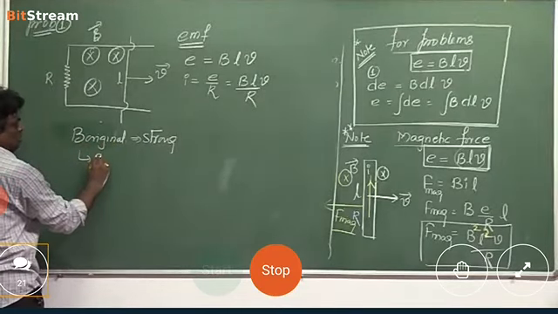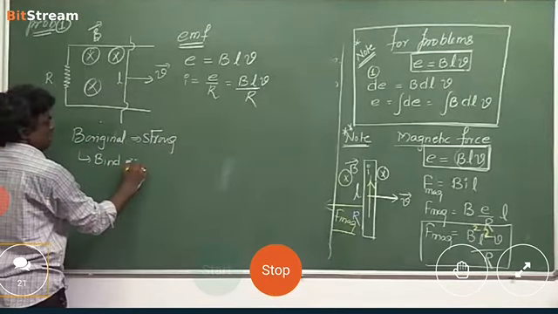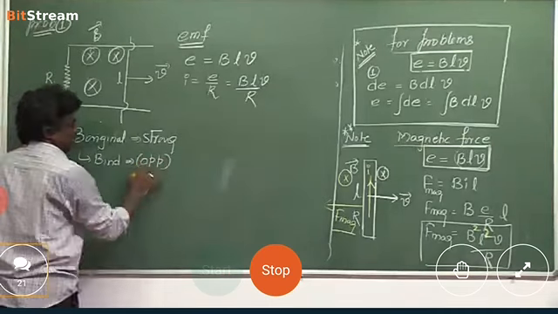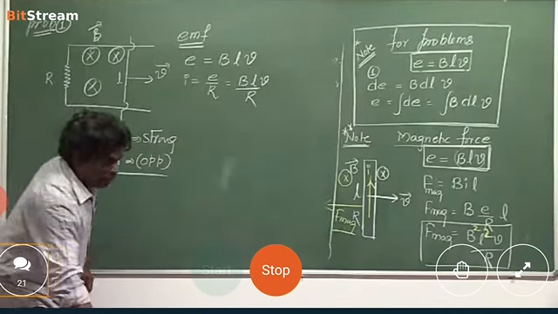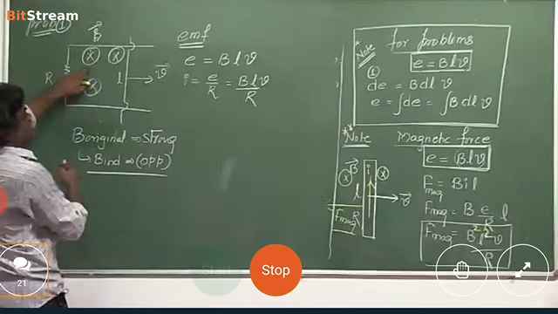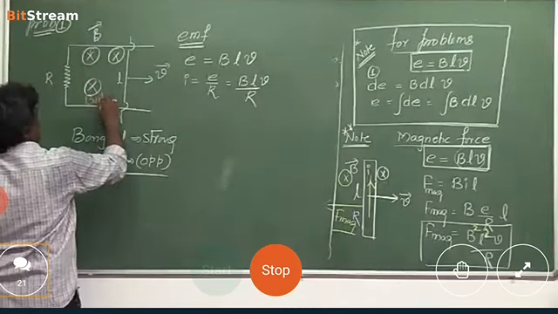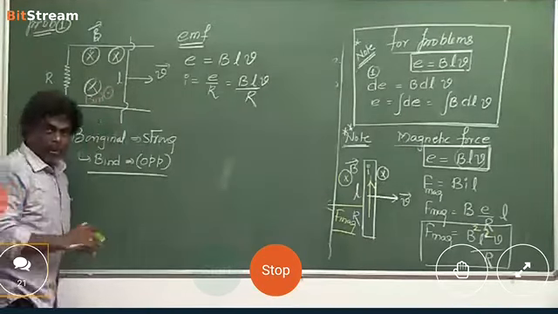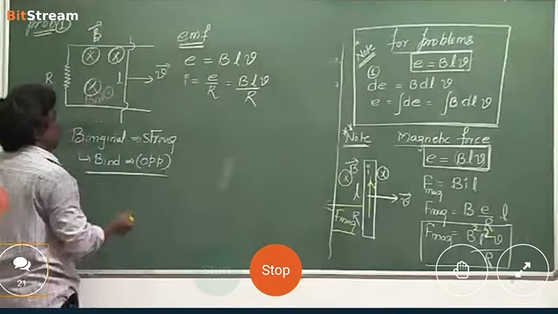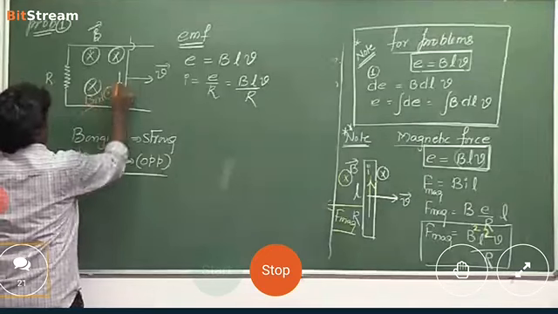If B original is strong, B induced is in the opposite direction, which here is out. So B induced is out, which means the current is anti-clockwise.